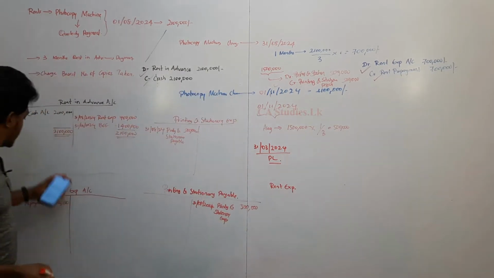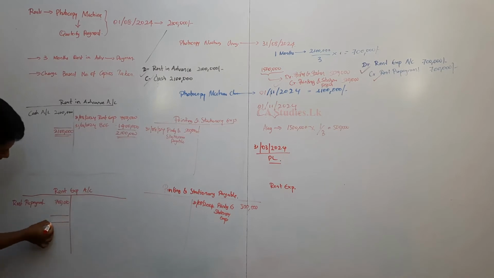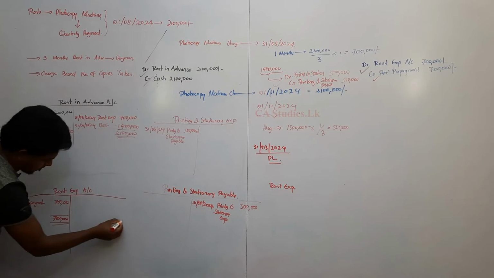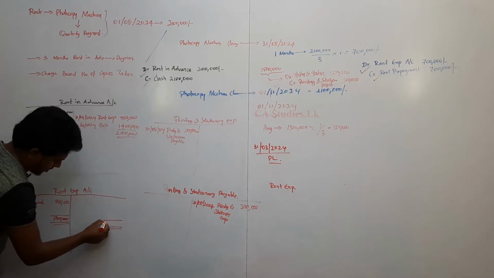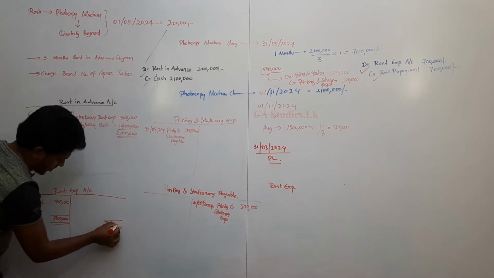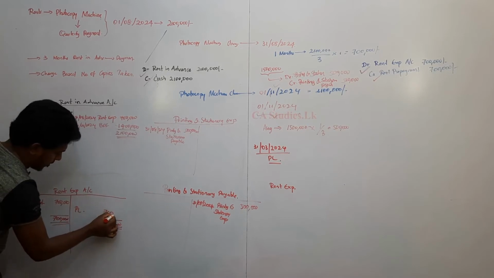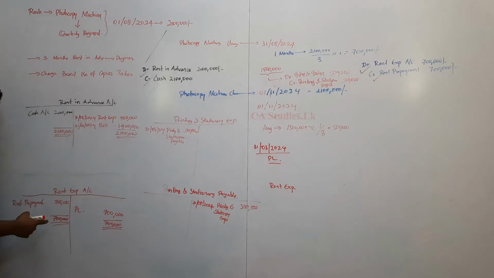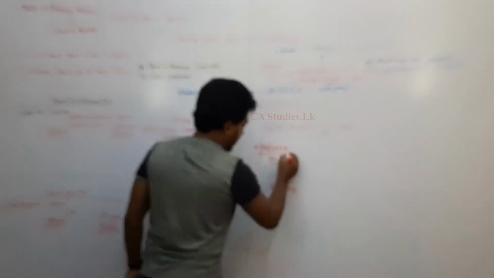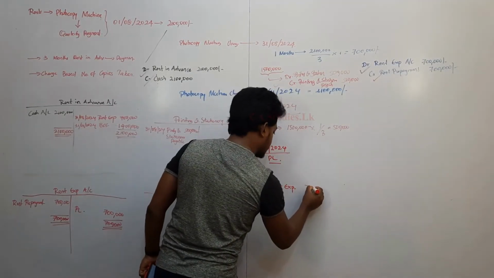How much is the rent expense? This rent expense will be transferred to profit or loss. Transfer to P&L: debit P&L, credit rent expense. Rent expense is 700,000.